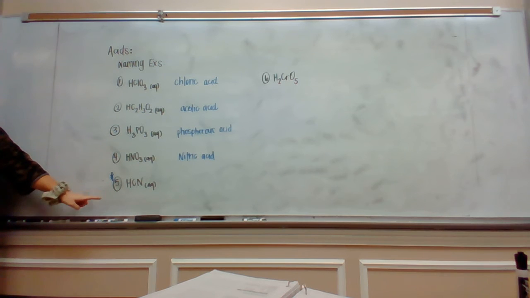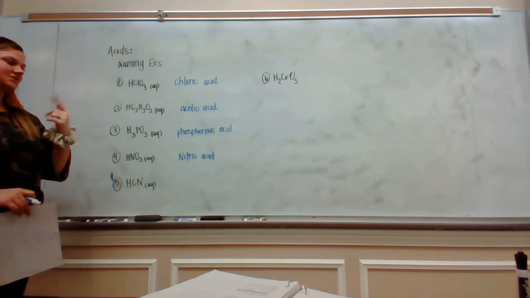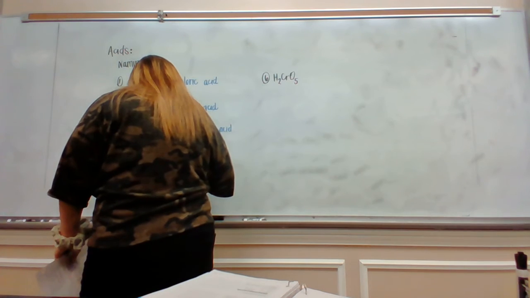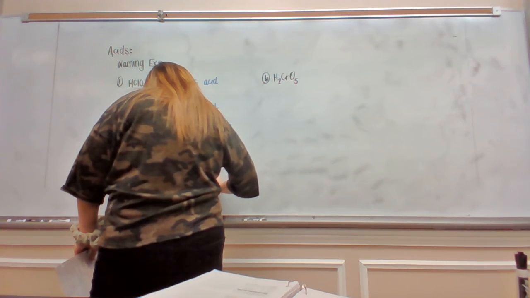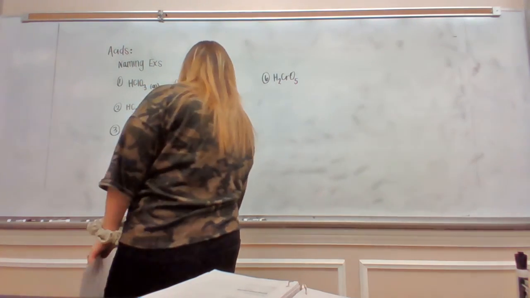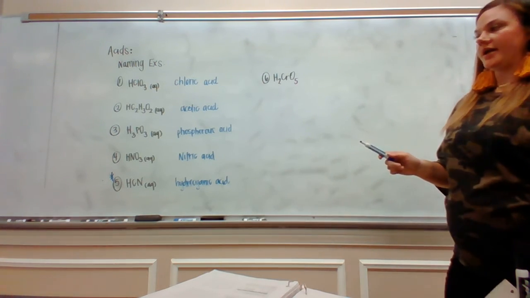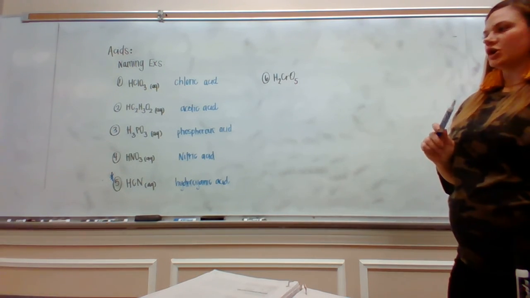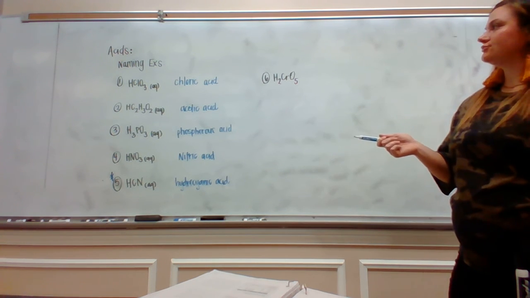This polyatomic ion does not. So we actually named this based on the binary acid rules. So it's hydrocyanic acid. If I remember correctly, that's the only polyatomic ion that was on y'all's chart that didn't have oxygen, so that's the only one that applies to.